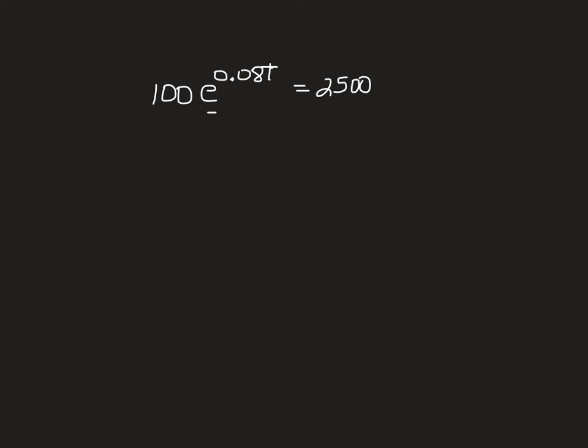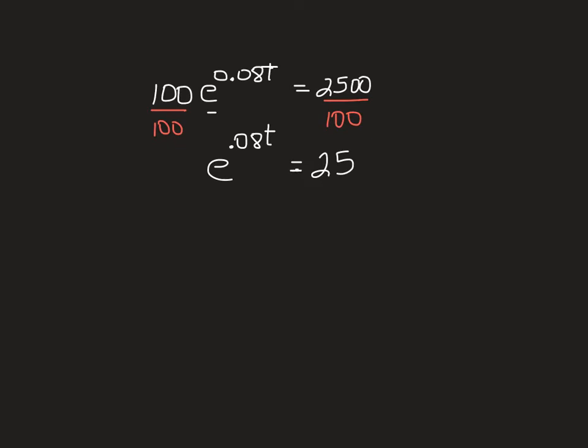So I'm going to divide both sides by 100, so that I just have e to the 0.08t on one side. I'd rather not have, if I can figure out a way, a constant in front of that. So we have e to the 0.08t equals 25.